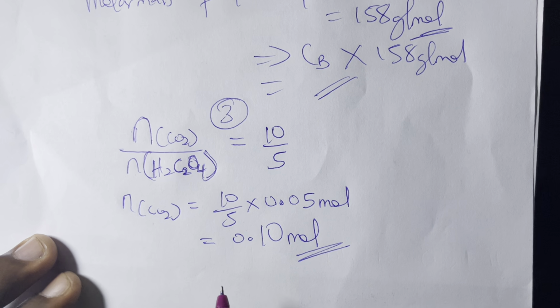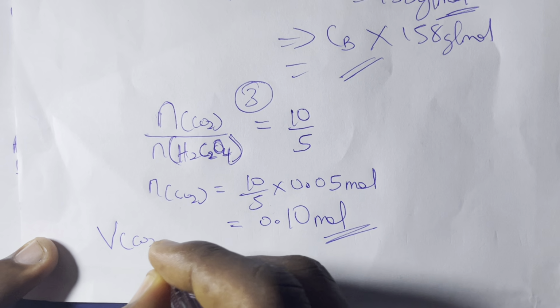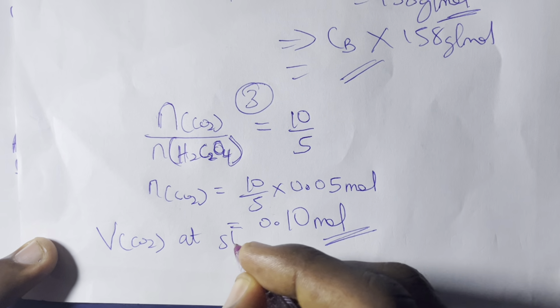Now after that, I will use the formula which says that the volume of CO2 at STP is mole times Vm, the molar gas volume.